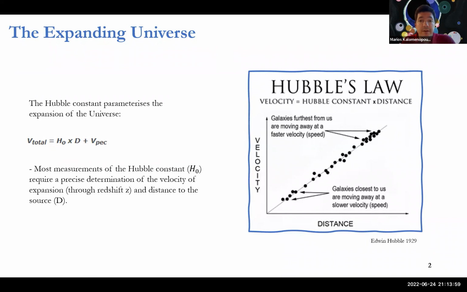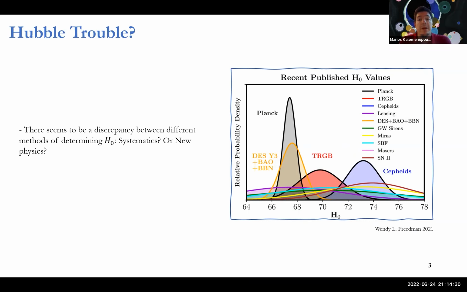The Hubble parameter, the Hubble constant, is a very important cosmological parameter that parameterizes the expansion of the universe. In recent years, the measurement of the Hubble parameter has become quite intense. Measurements with increased accuracy between the early and the late universe seem to disagree.